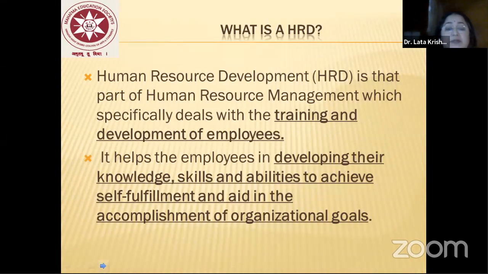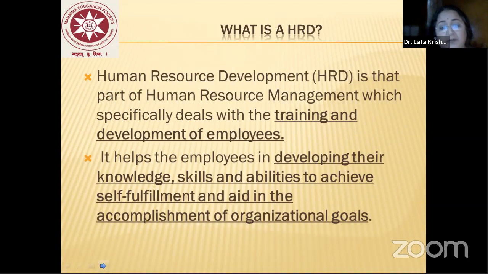And this is the responsibility of the HR manager so that the employees are not frustrated. If you give them a task and they're not able to perform that task correctly, then people get frustrated and very soon they will leave the business organization. So to make employees happy, to boost their morale, to give them job satisfaction, it is necessary that you give them the commensurate knowledge or the skills that they need to do their jobs.